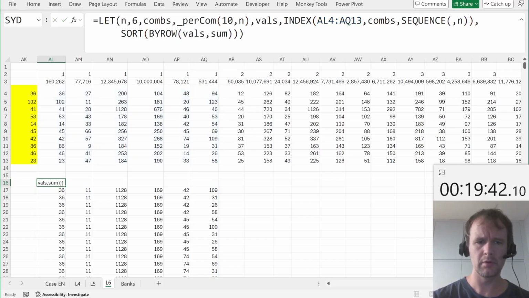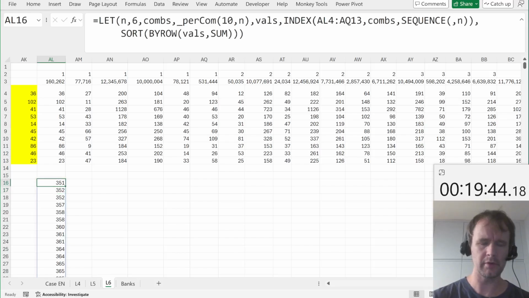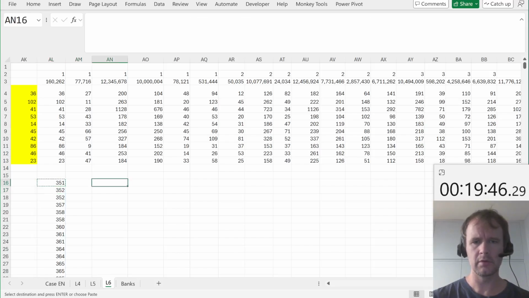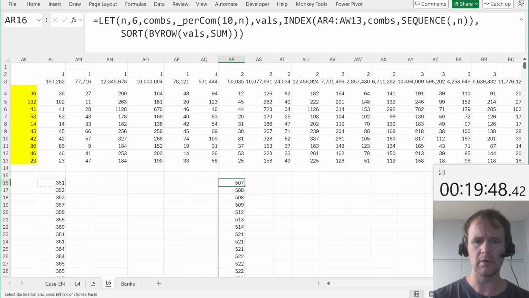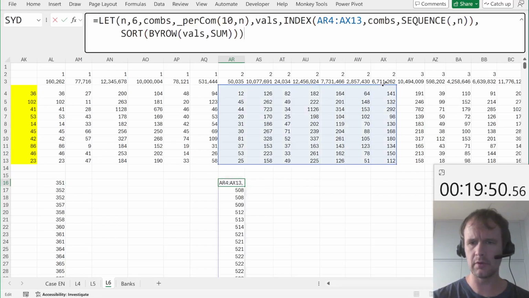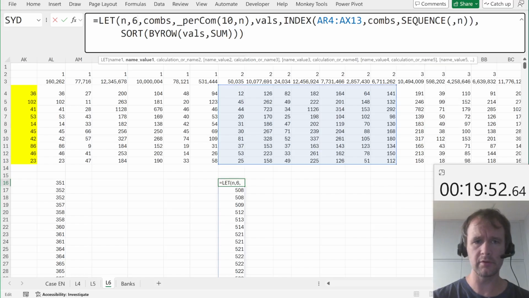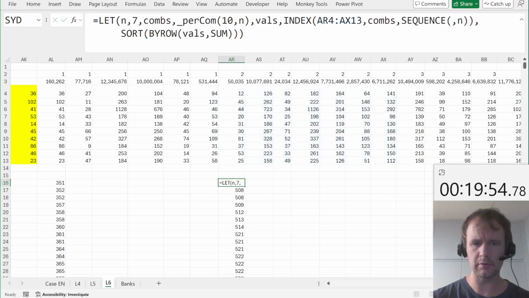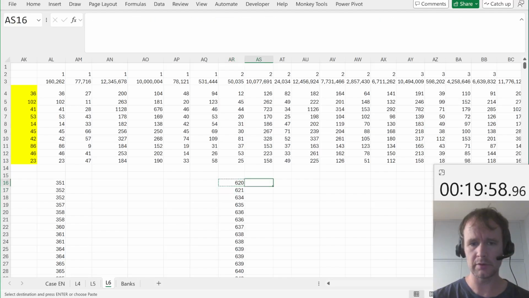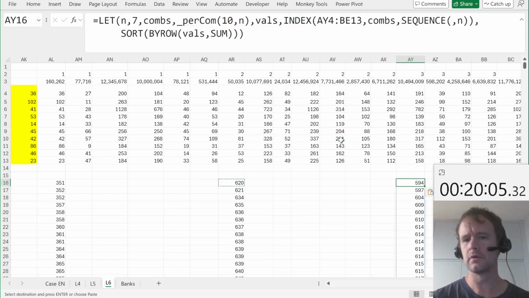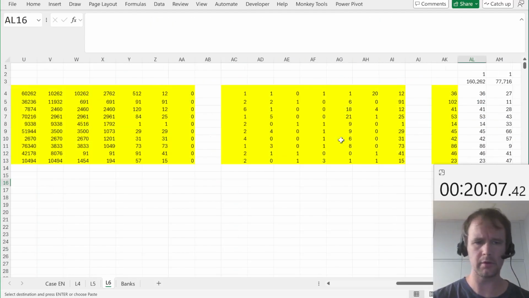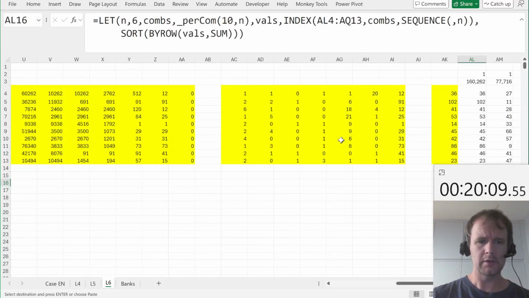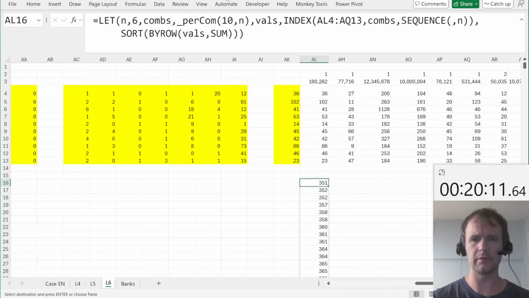Okay, so they are unique, that's good. So then we'll move that to here, change n to 7, just make sure that's also unique. That's slow, but it is unique, that's good. And here, unique again, good, okay.